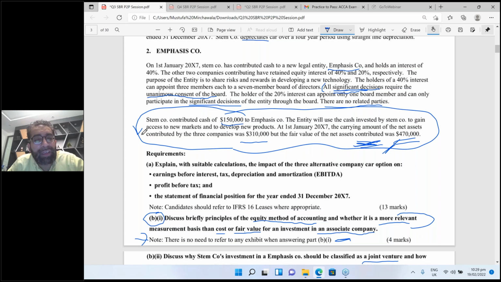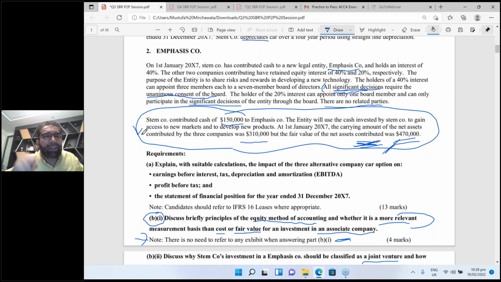So dear student, I just use these numbers in my calculation. 470,000 multiplied by 40% is 188. That means STEM company got the fair value share of 188.